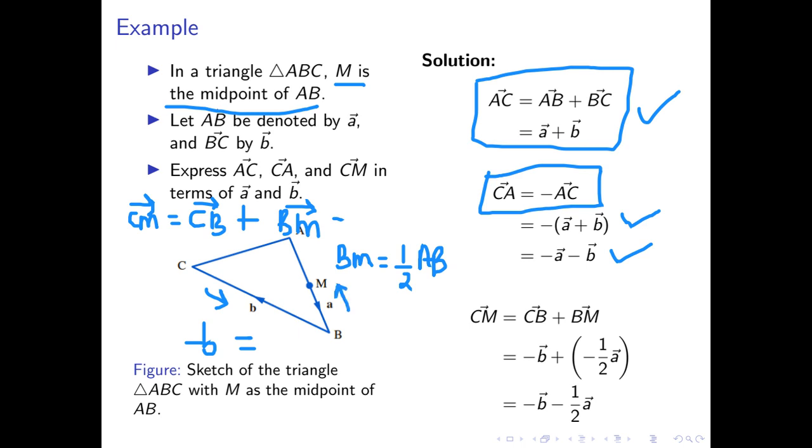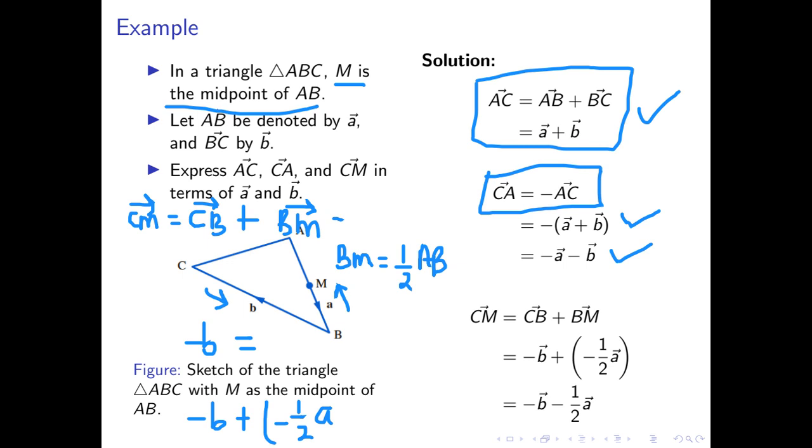Hence, we would have CM to be minus B plus minus half of A. I believe you could see it from the diagram.